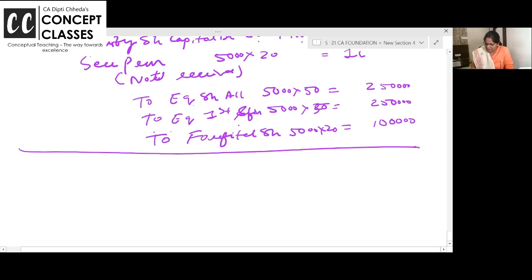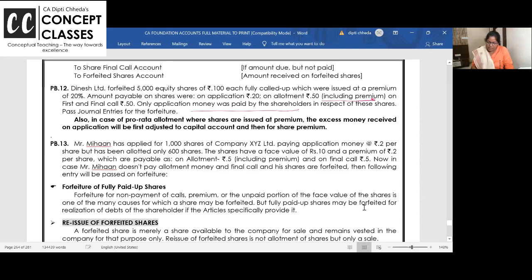चलो, let us take up one more last problem for today and then we will close. ये देखो, Mr. Mehan has applied for 1000 shares. Application 2, but has been allotted only 600 shares.